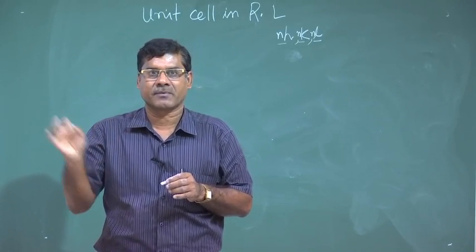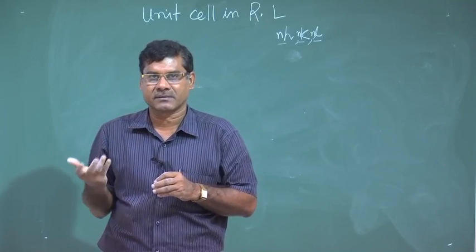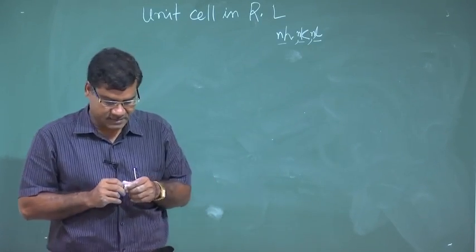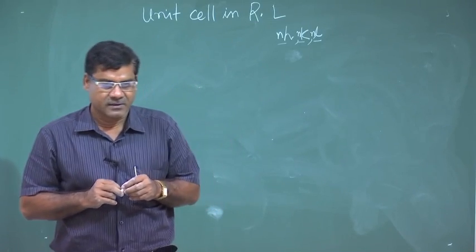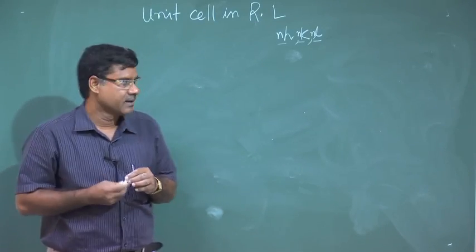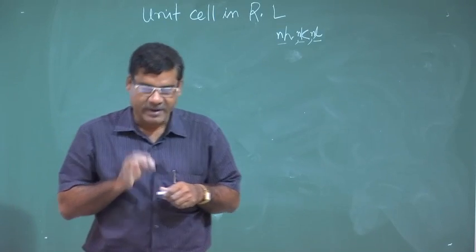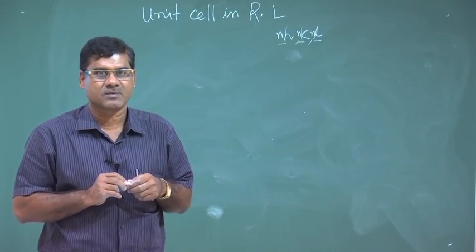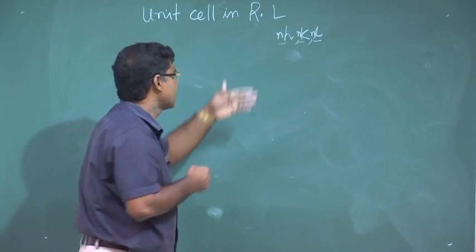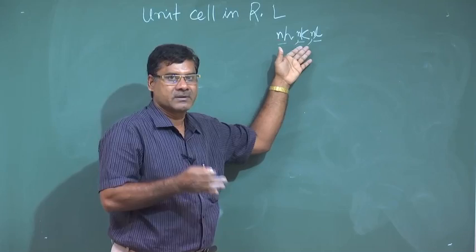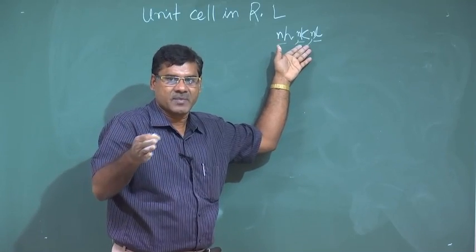So, whatever the order in direct lattice, it gives reciprocal lattice points, additional reciprocal lattice points for the same sets of parallel planes.